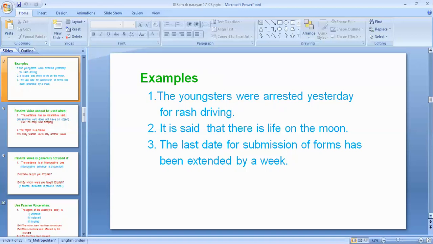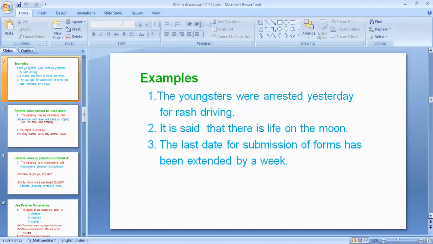Why? Because of rash driving. We know by seeing the sentence that the action of arrest, the verb here, is "were arrested". This action was done by somebody else, but it was done on the youngsters.